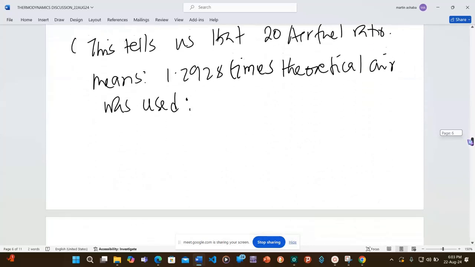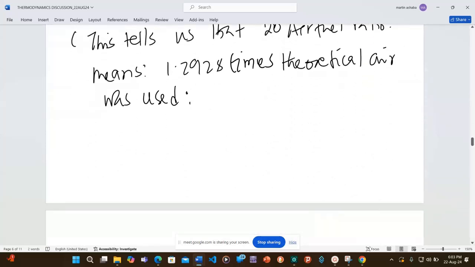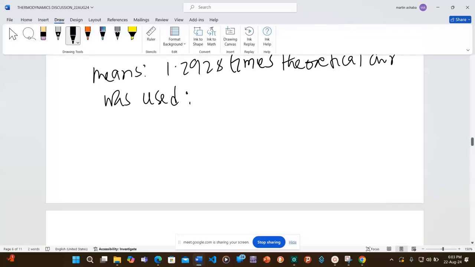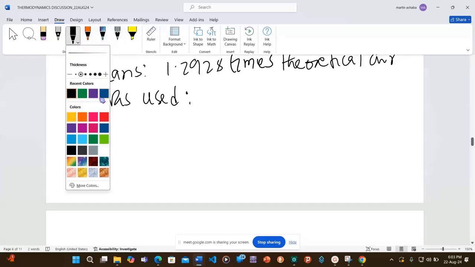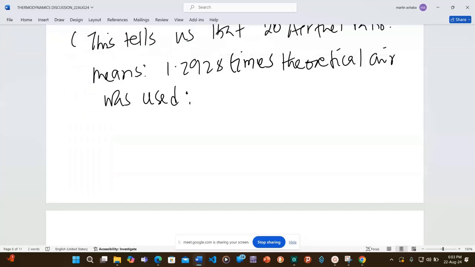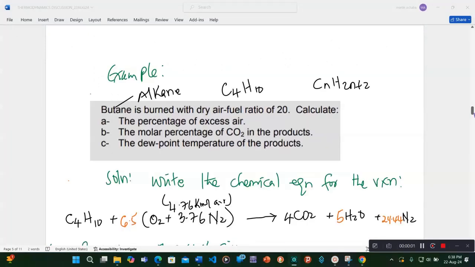So to do part B, we need to rewrite our equation so that we incorporate the 1.2928. So now we have done part A. Let us look at how we have done part B. Part B requires us to determine the molar percentage of carbon dioxide in the products.